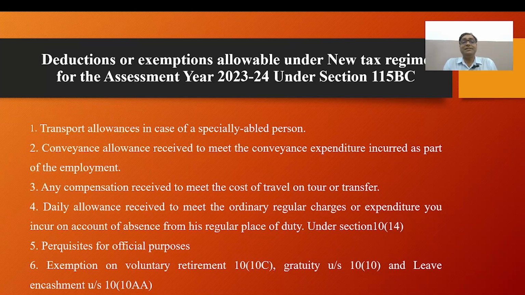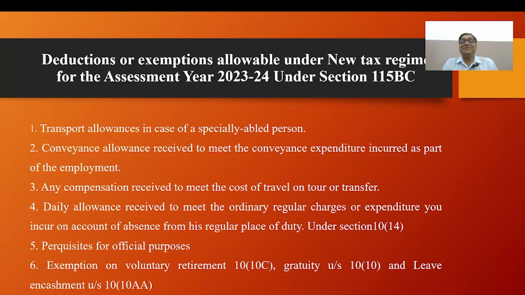Section 10 clause 10C: the Income Tax Act exempts up to 5 lakh rupees in VRS compensation from income tax. You must file within the same tax year. Employees might profit from rehabilitation, tax planning, and counseling.